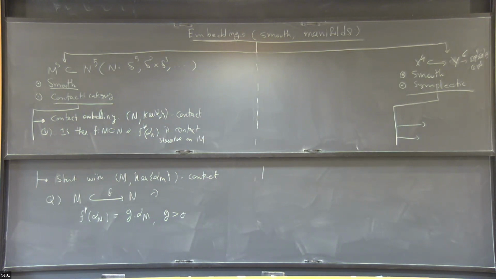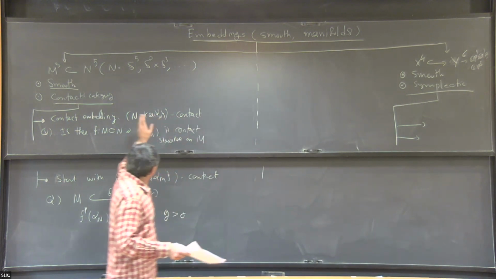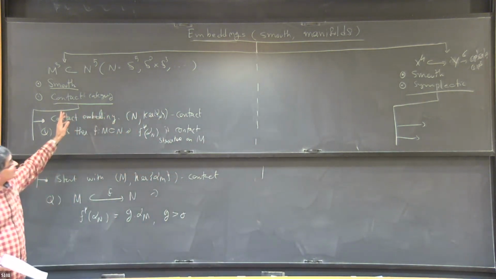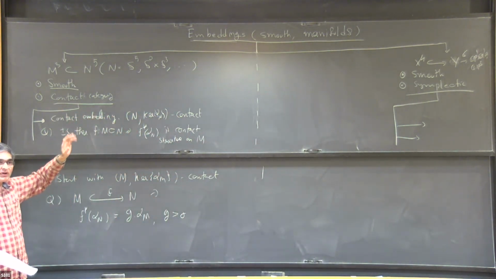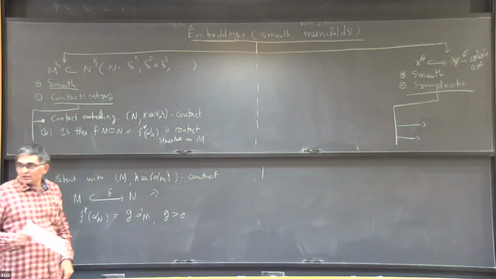For a closed manifold this holds; for an open manifold, even in this dimension, it's okay. So we will mostly focus on closed manifolds or embeddings which are proper, in the sense that if you talk of a manifold with boundary, then boundary should go to boundary.